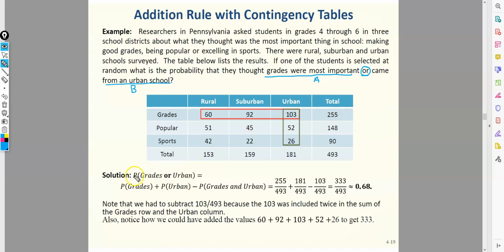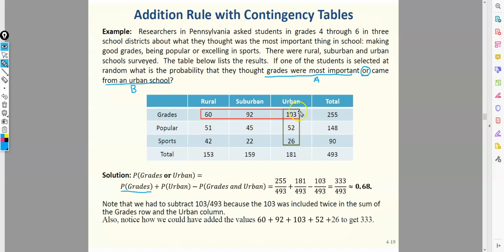So down here, probability of grades being most important or being from an urban school is going to equal probability of grades plus probability of urban minus the probability of thinking grades are most important and being from an urban school district.